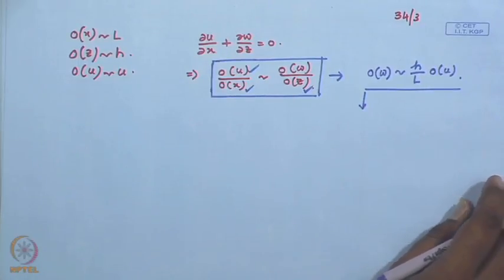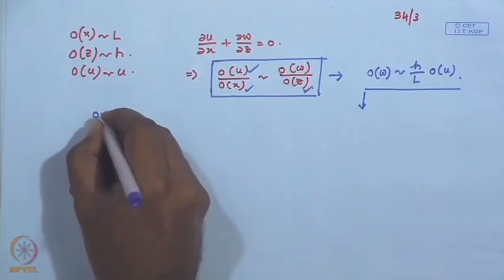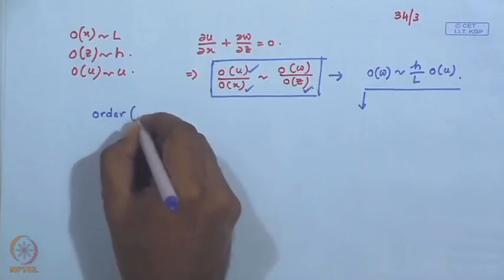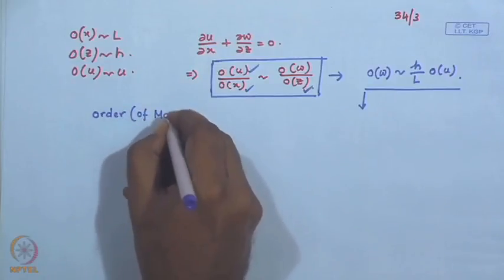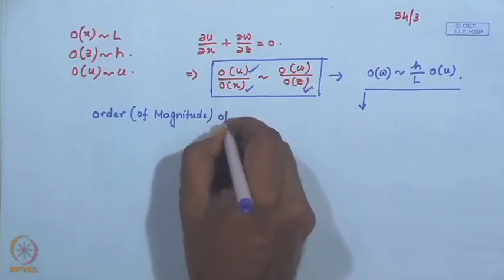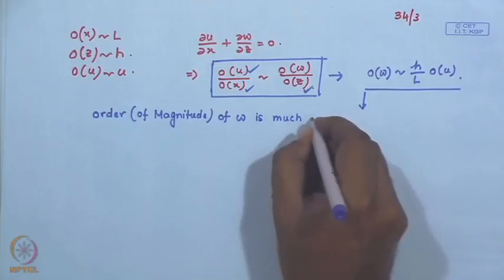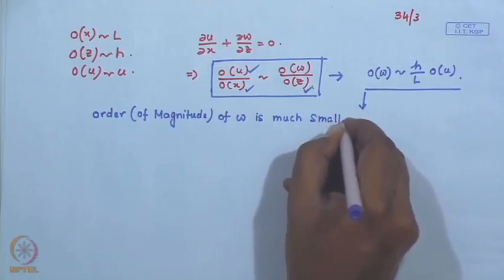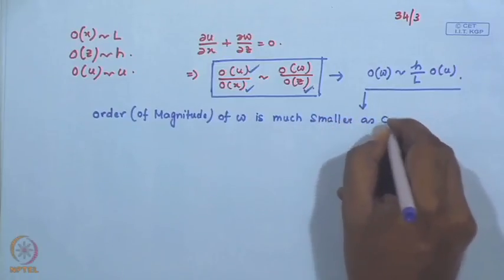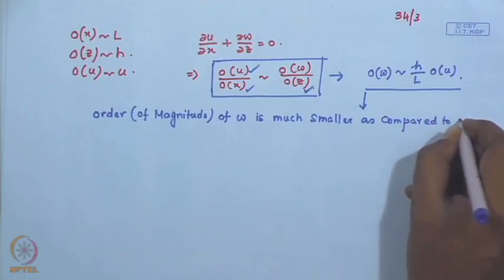It means that the order of magnitude of w is much smaller as compared to u.